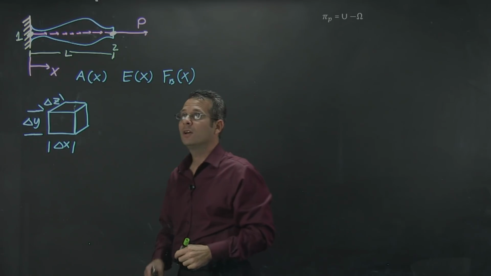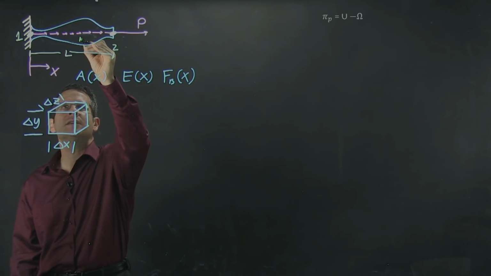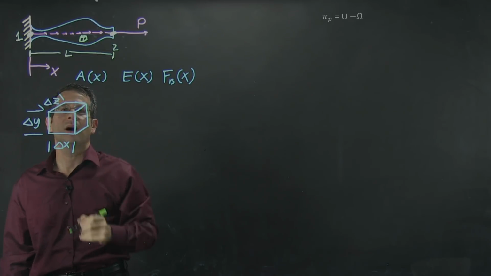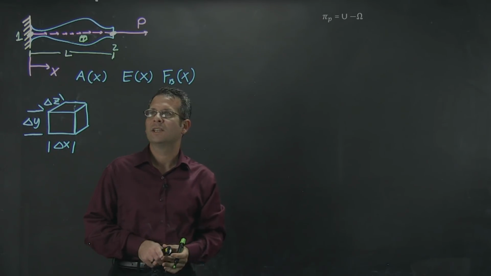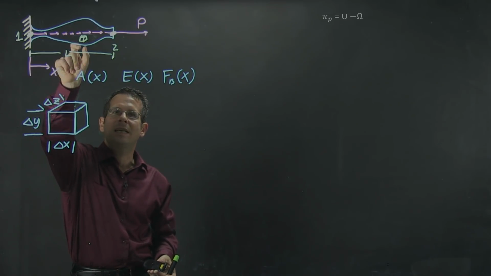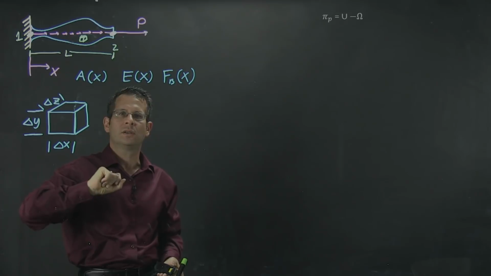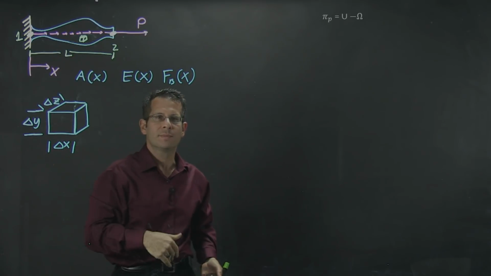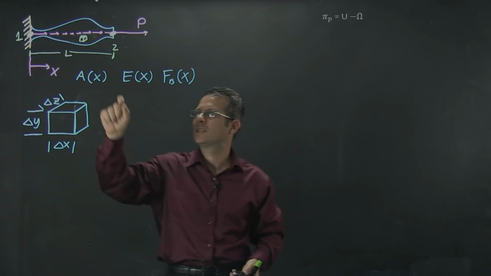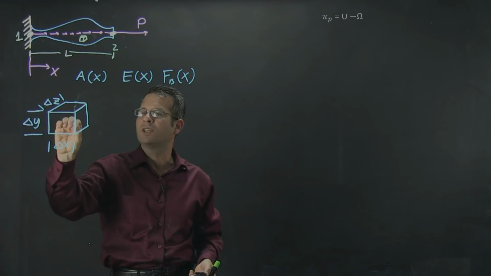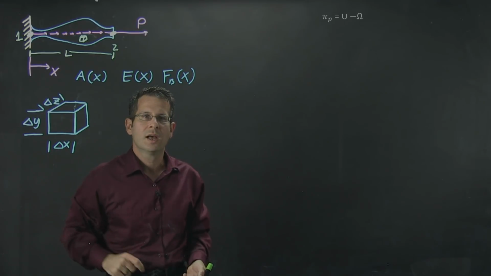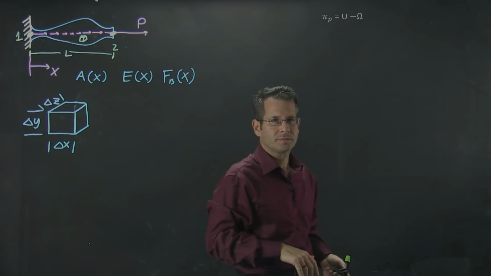However, if I look at a small differential volume inside my bar element, I can assume that the stiffness inside this very small differential volume is more or less constant. And in this small differential volume, which I've blown up here, I can apply Hooke's law.